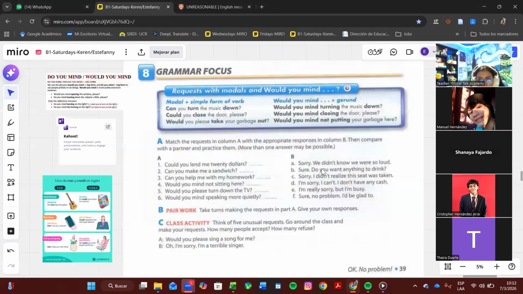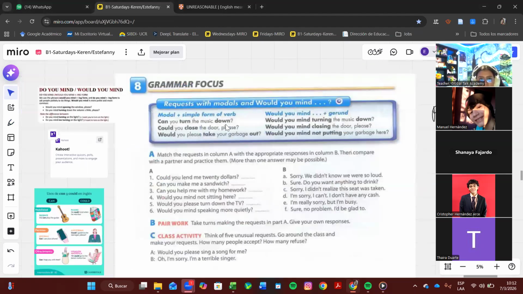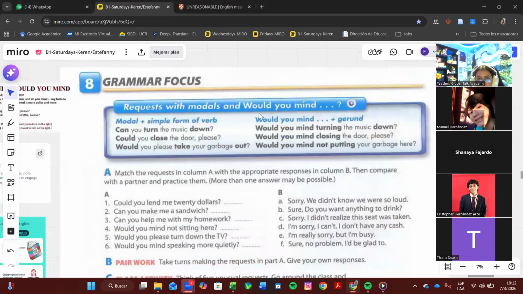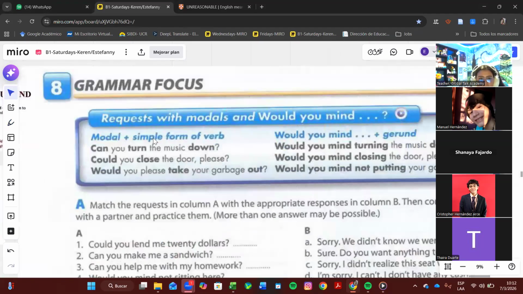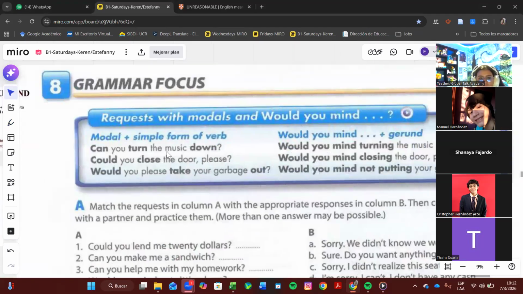We have page 39. This is about requests with modals, okay? And would you mind? So we have the modal and the simple form of the verb. Can you turn the music down, please? Could you close the door, please?